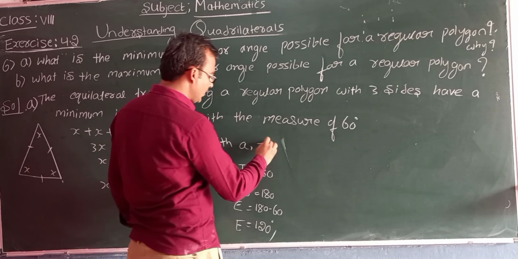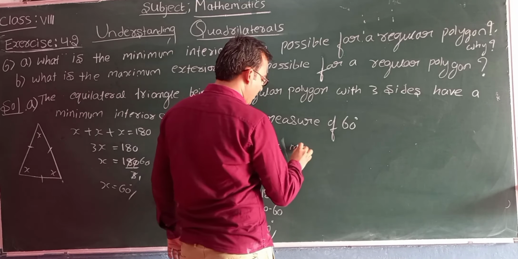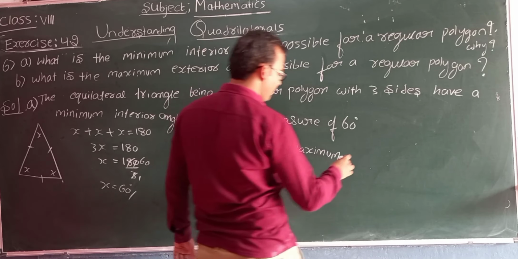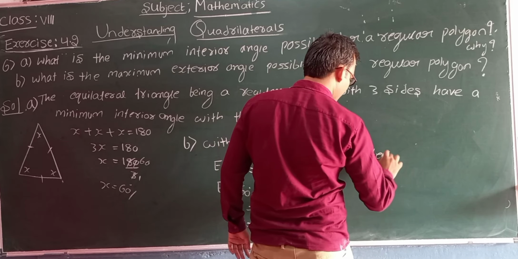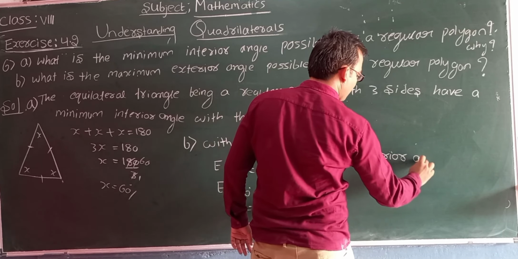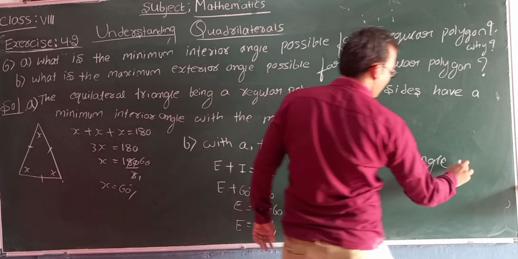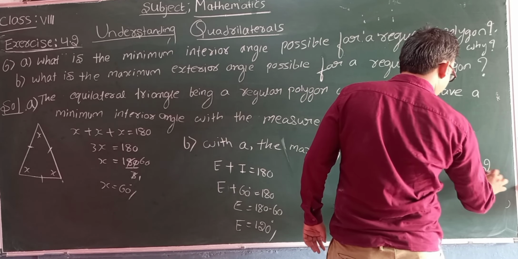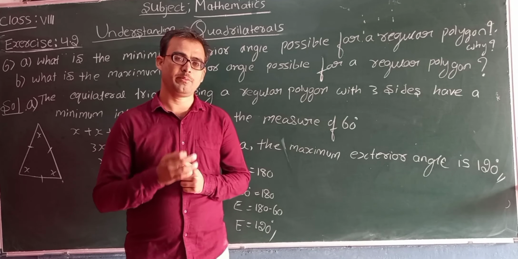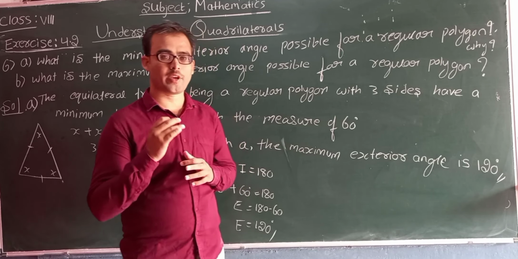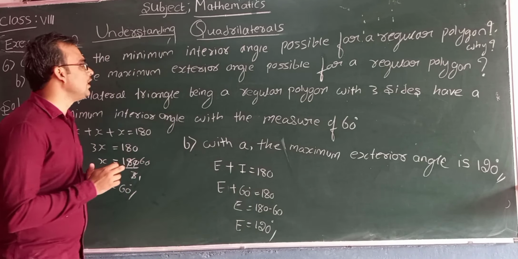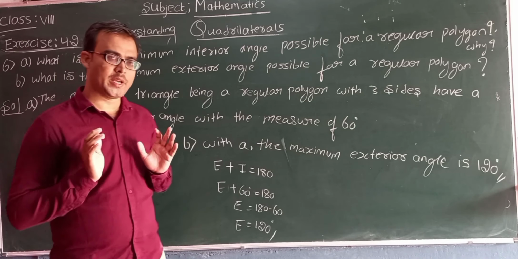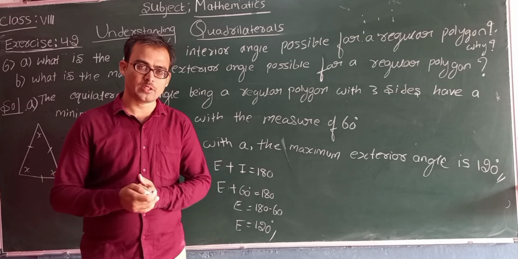So the maximum exterior angle is 120 degree. Students, it means that in a regular polygon, if the minimum interior angle is 60 degree, then the maximum exterior angle for that regular polygon is 120 degree.